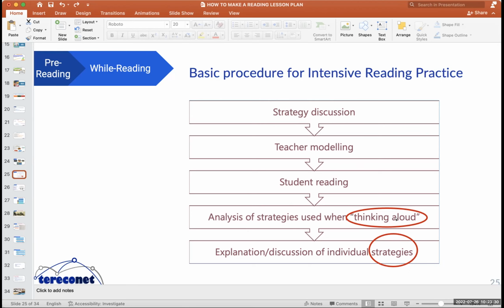So it is not just at the beginning level, they should be conscious about what they do, what they read first, what they do next, what kind of thinking they should have, and how they can find the answer. But if they just think in their head, then we teachers don't know. We cannot know where they might go wrong.